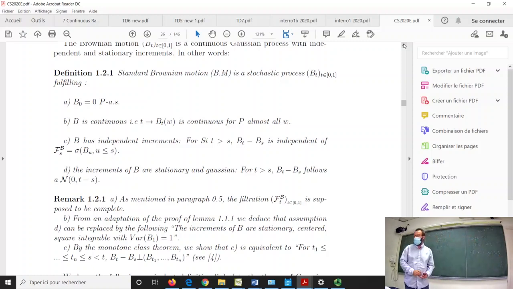Okay, why do I do this? Because I make appear here something that is independent of B_T2. So the expectation of the product is the product of the expectations, which is 0, and it remains plus the expectation of B_T2 squared, which is equal to T2.